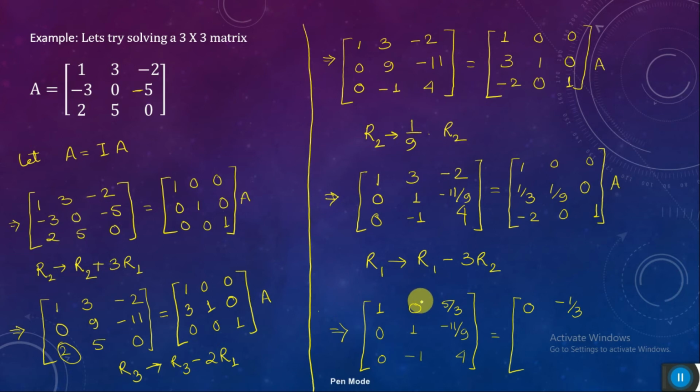Looking at the operation, you see row 1 minus 3 row 2. So row 1 is 0 minus 3 times 0. It means 0 only. That is 1 by 3, 1 by 9, and this is 0, minus 2, 0 and 1. Okay.